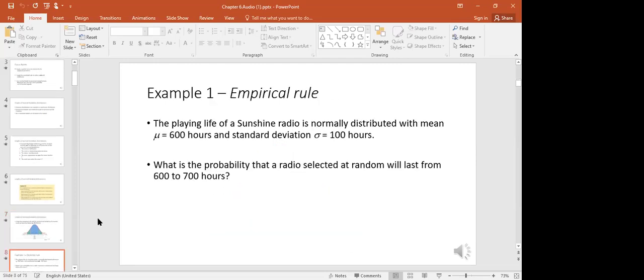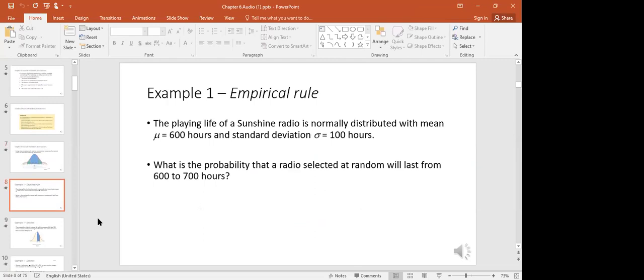This can be used sometimes to compute probability about a normal distribution. In this example, we say that the playing life of a sunshine radio is normally distributed with a mean of 600 hours and a standard deviation of 100. What is the probability that a radio selected at random will last from 600 to 700?